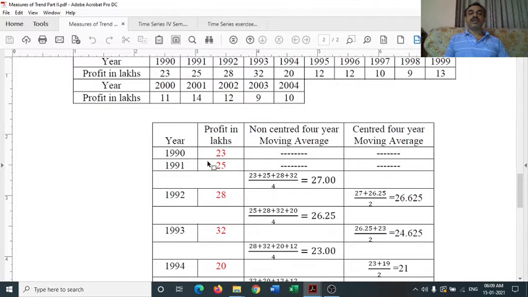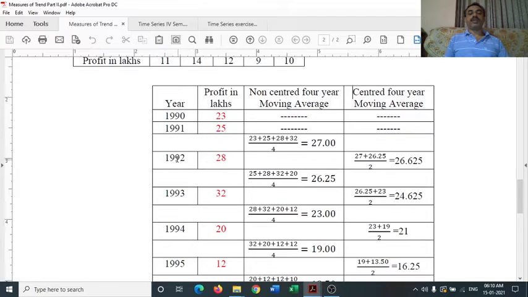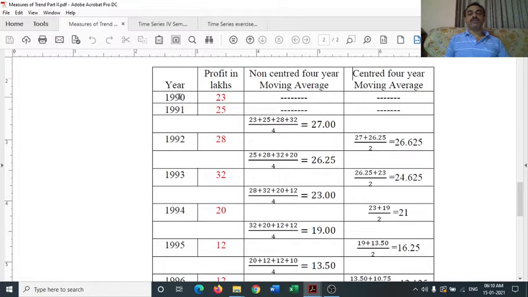In the first phase we calculate the non-centered moving average by grouping the observations into bunches of 4 years. Therefore, here the first bunch will consist of 1990, 1991, 1992, 1993, and its average is 27. So where to correspond this 27? You can see that there is no unique middle year in this bunch of 1990 to 93.